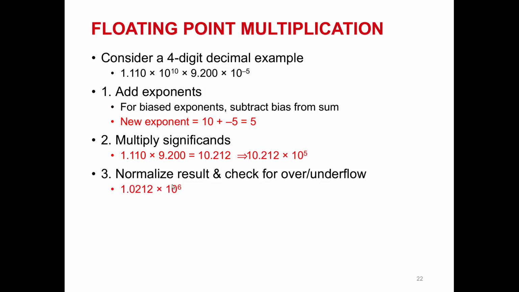And then we will need to normalize and check whether overflow or underflow occurs, so that we can guarantee that this significand will have the format of 1 point something. So we shift this value 1 bit to the right and increase the exponent by 1. We have 1 point something by 10 power 6.